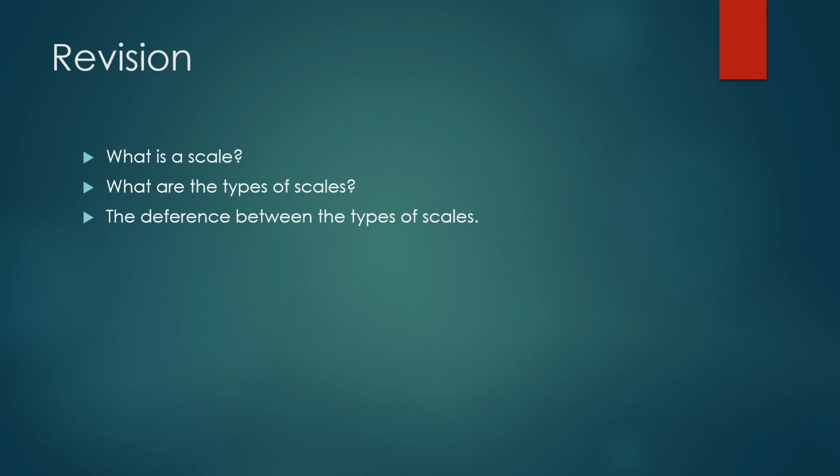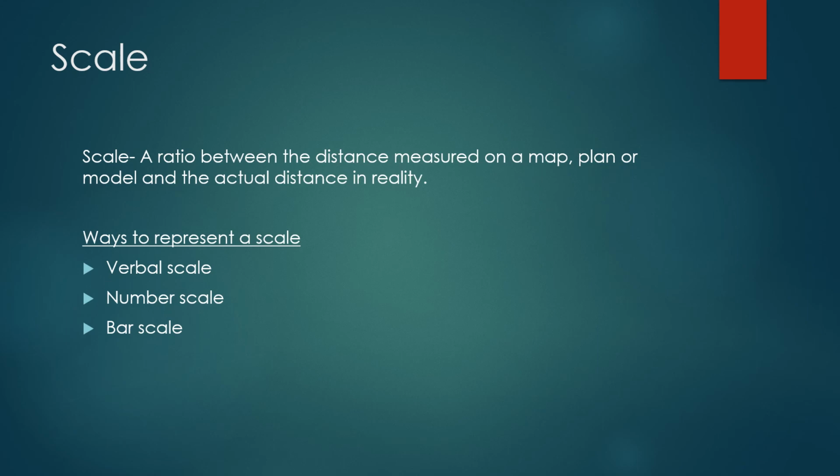What are the types of scales we have? Yes, we have a number scale. We also have a bar scale. So I have made a summary of all the things we have been discussing.